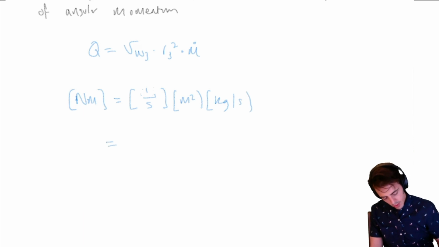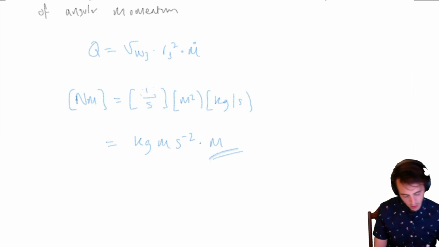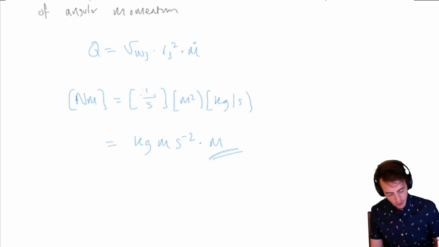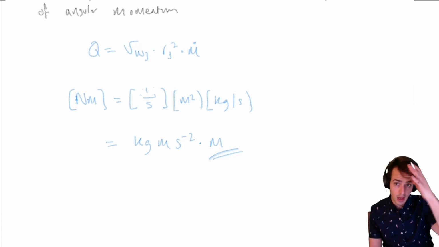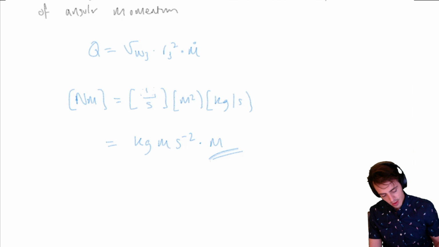So then this is equal to kilograms meters per second squared, multiplied by meters. Okay, so this is then Newton. A Newton we know is kilogram meter per second squared. So this is then the same.